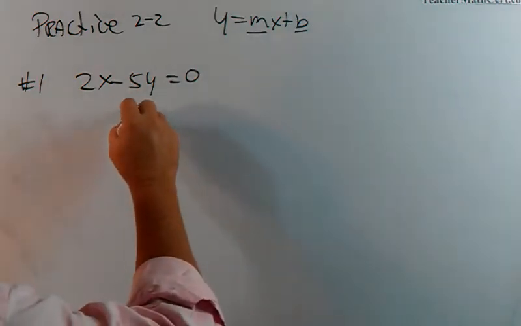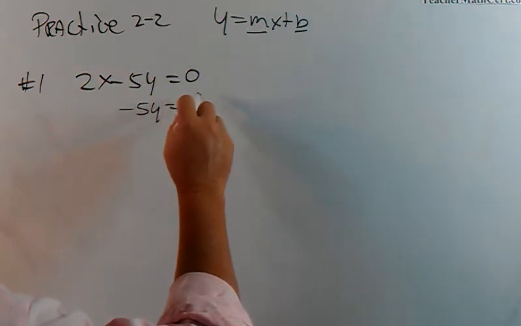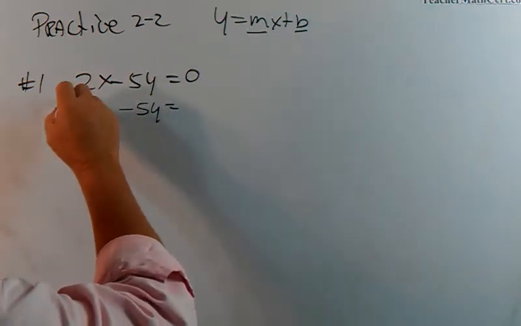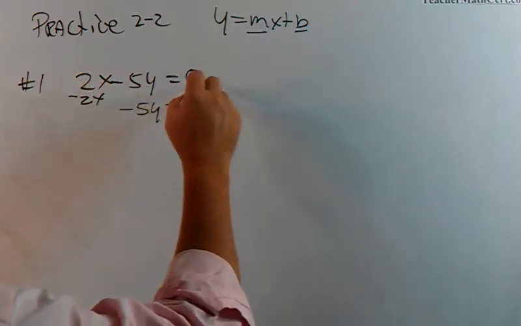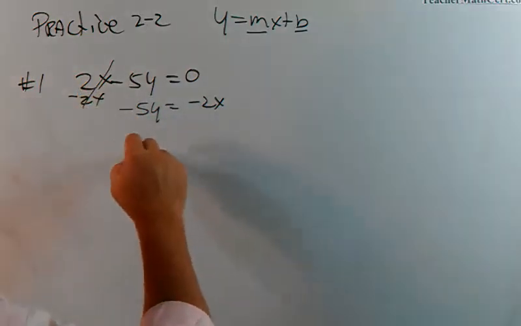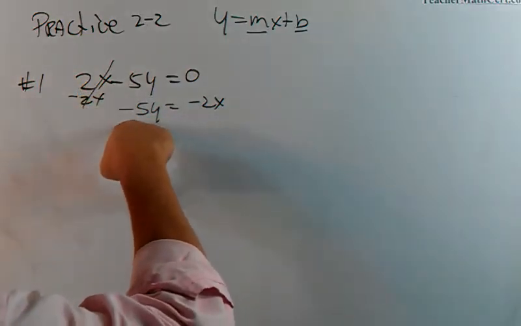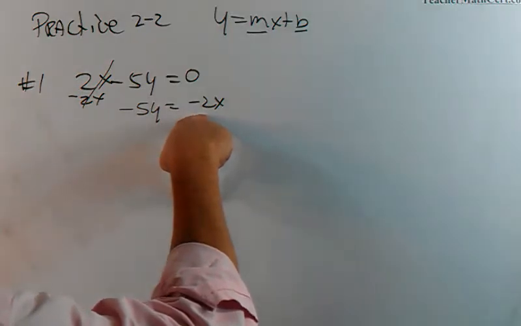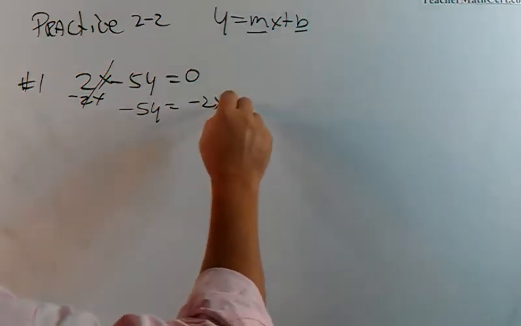So we've got negative 5y is equal to, subtract 2x from both sides, minus 2x. That's going to be 0, so we've got negative 5y equals minus 2x.